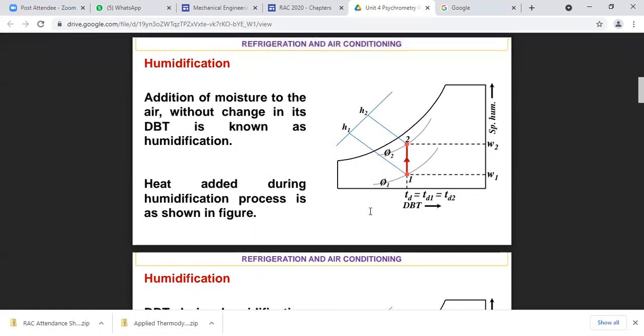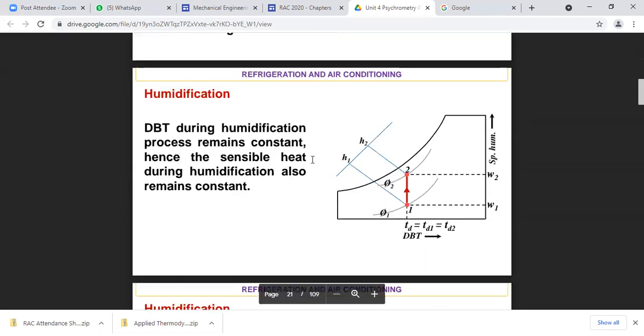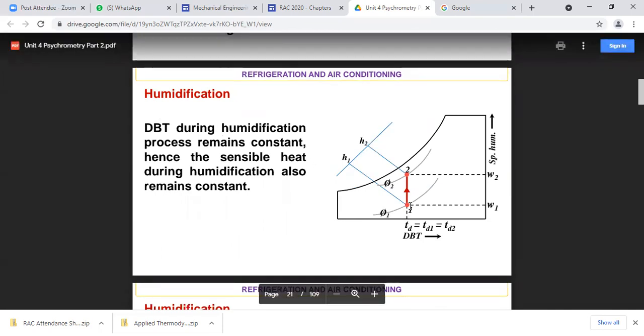Due to the addition of moisture, the enthalpy is also increasing. As the dry bulb temperature remains constant during humidification, the sensible heat also remains constant. So pure humidification, adding or removing moisture content at constant dry bulb temperature, is represented on the psychrometric chart.